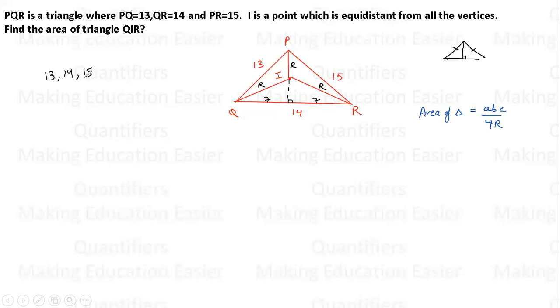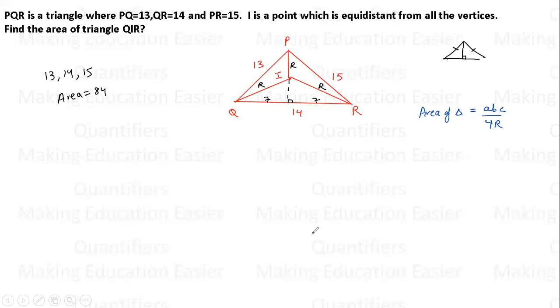Its area is 84. I would rather suggest you remember this area, else you have to apply Heron's formula, and that will take time. So it's better you remember that the area of the triangle with sides 13, 14 and 15 is 84.